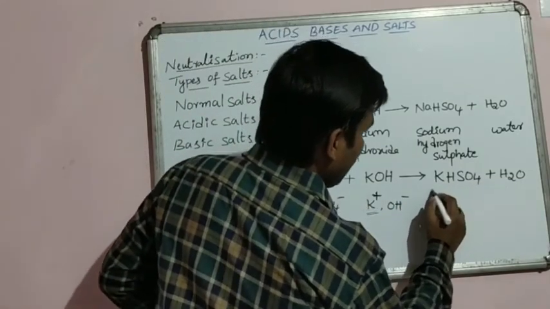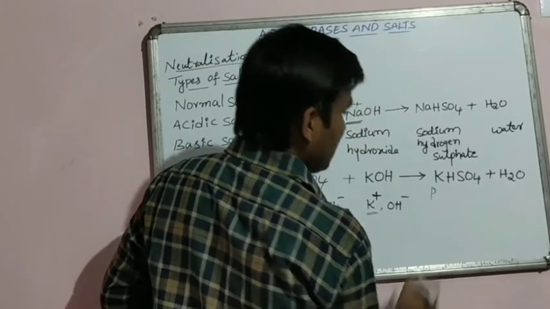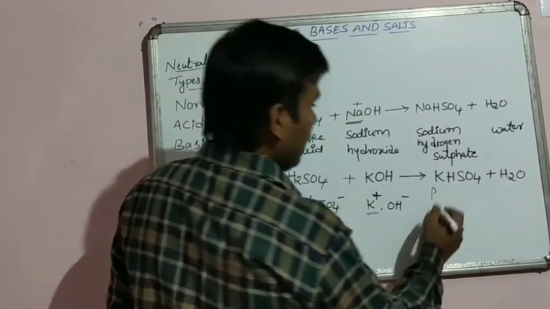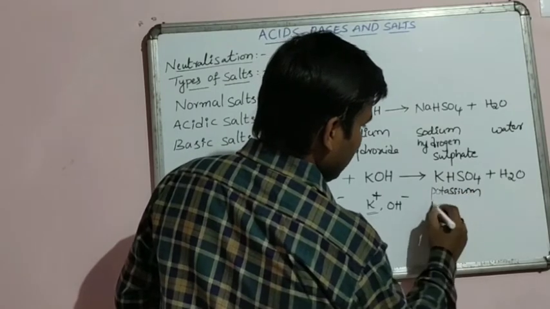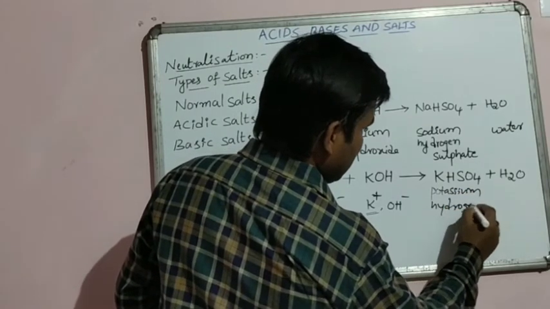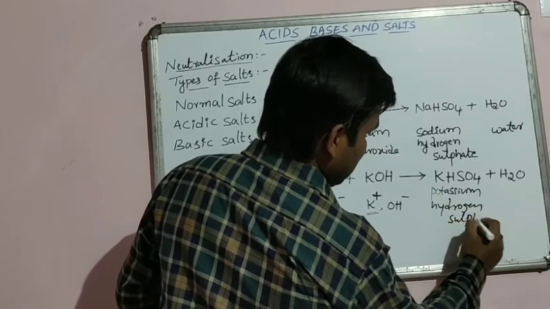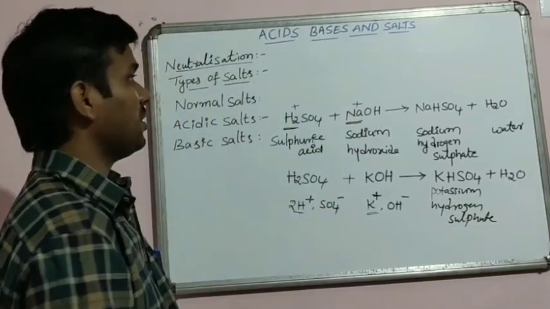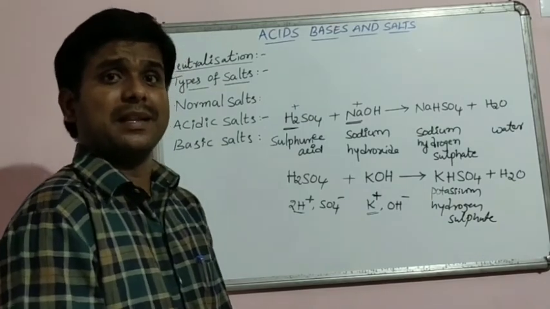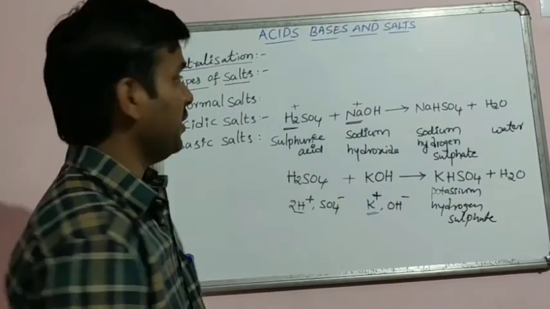KHSO4 is potassium hydrogen sulfate, and water. These are the examples for acidic salts. Only two examples we discussed here.